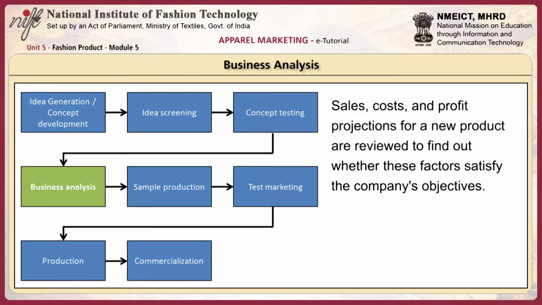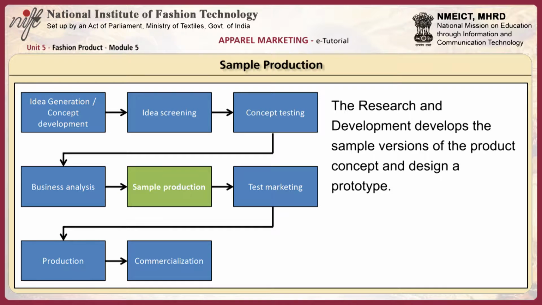The next stage is business analysis. A review of the sales, costs and profit projections for a new product to find out whether these factors satisfy the company's objectives. The next stage is sample production.